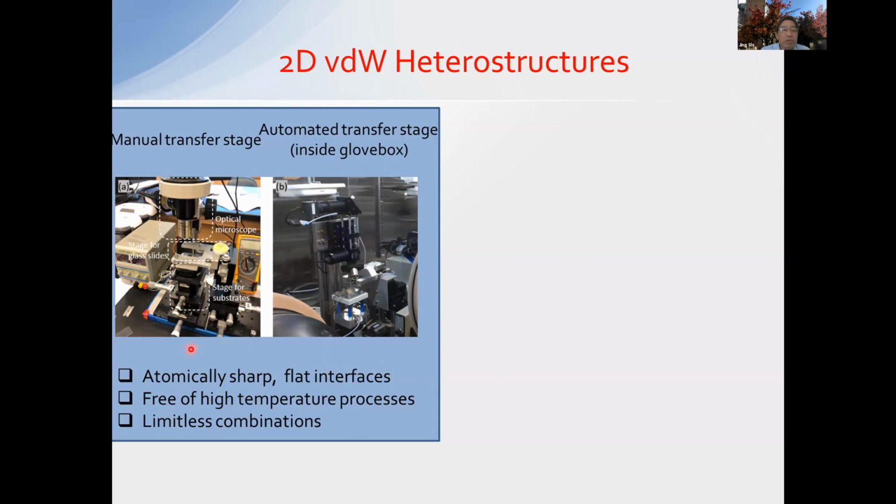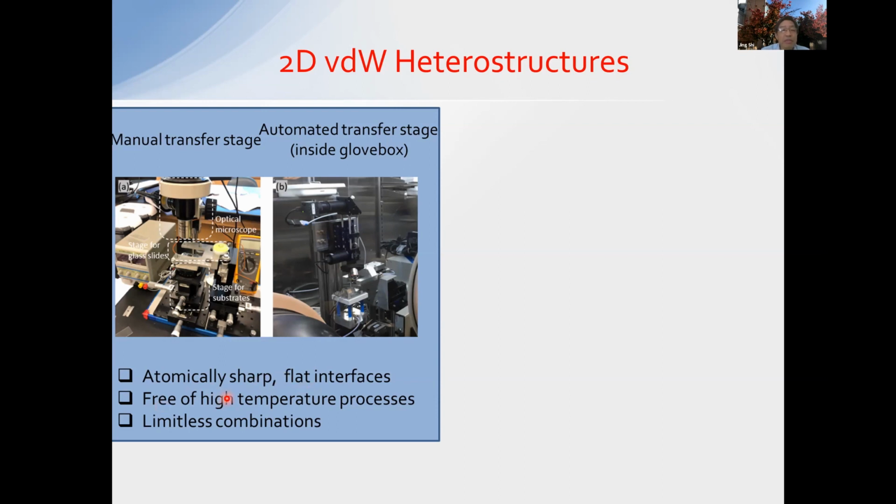Okay, so the attributes of the van der Waals heterostructure in general include that you can build it really atomically flat. Flat is sort of a morphology, but actually atomically sharp from a chemical point of view. There's no interdiffusion, no mixing, as opposed to materials grown at high temperature.